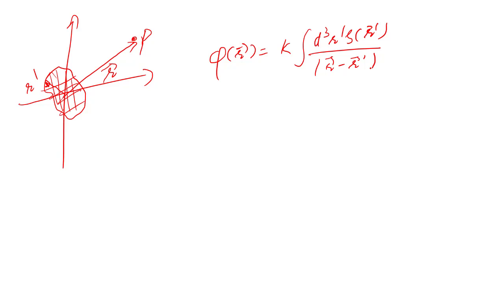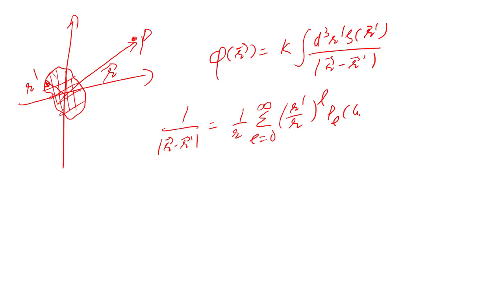That's in general the potential. But now we figured out that 1 over r minus r prime could just be expanded as 1 over r, sum over L equals 0 to infinity of r prime by r to the power L, PL of cosine theta.